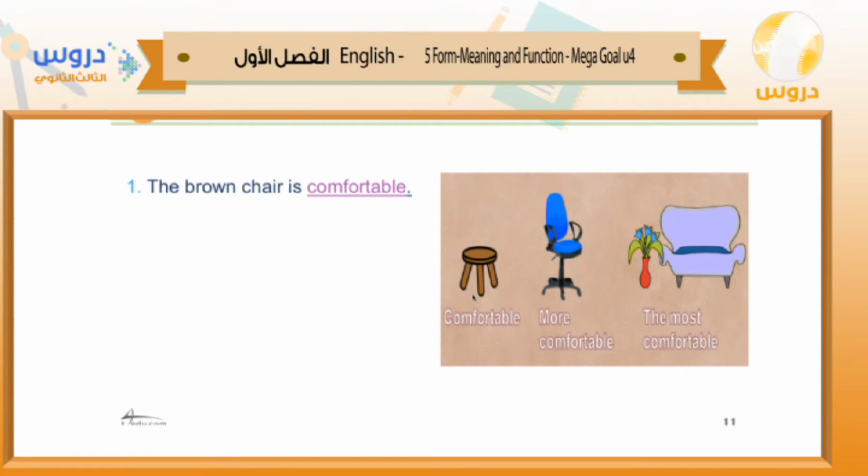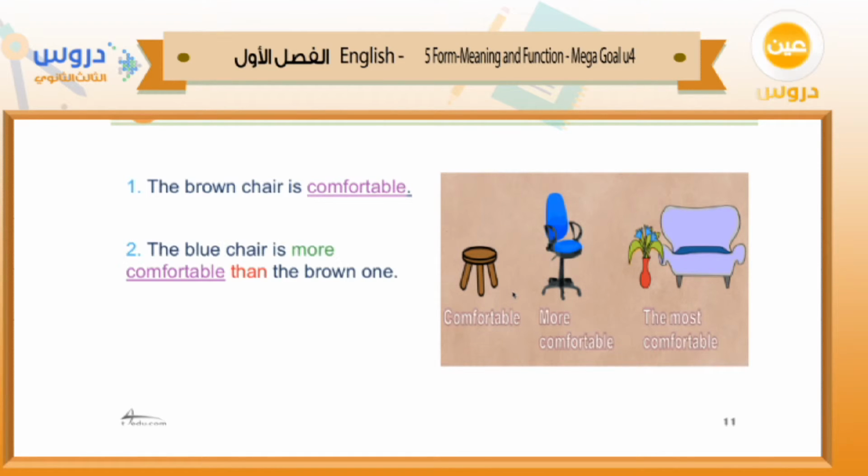The brown chair is comfortable. Comfortable, long adjective. The blue chair is more comfortable than the brown one. Here we make a comparison between the blue chair and the brown one.